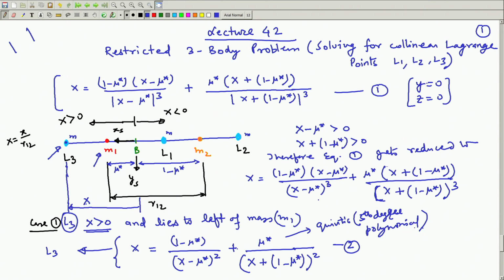Okay, so we do not have much trouble in solving for L 3. Then we take L 2, which is also easier to work with.